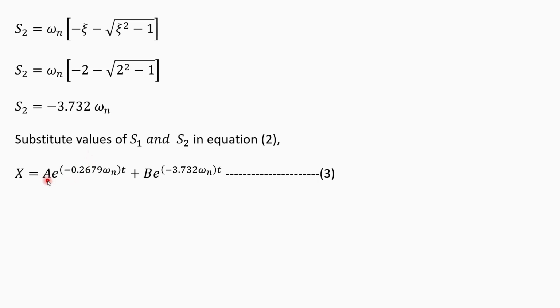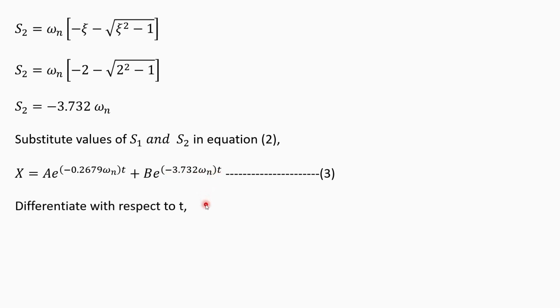The general solution is x is equal to a e raised to s1 t plus b e raised to s2 t. Substituting, x is equal to a e raised to minus 0.2679 omega n t plus b e raised to minus 3.732 omega n t.